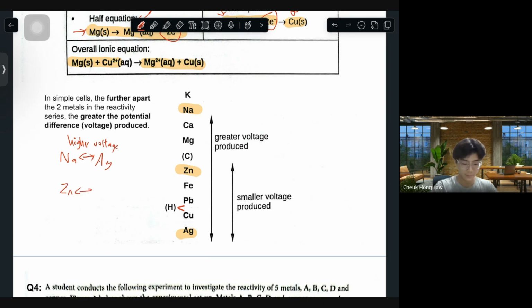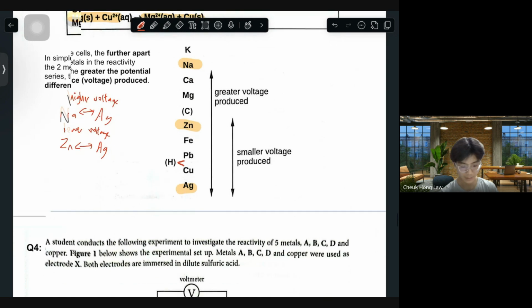Zinc and silver has a shorter distance, so it has a lower voltage. So the further apart the two metals in the reactivity series, the greater the voltage produced.